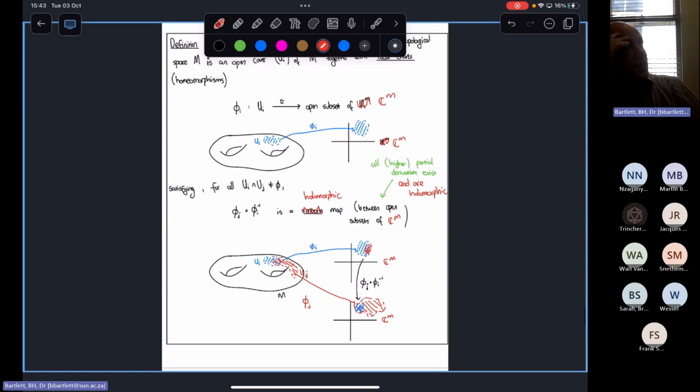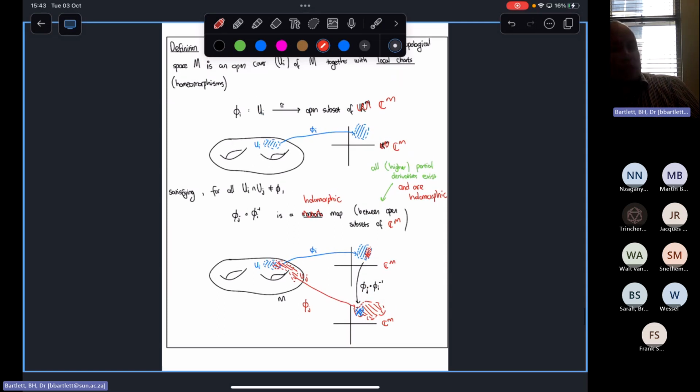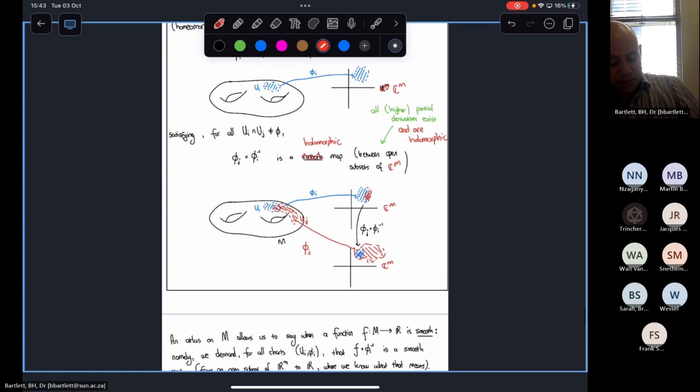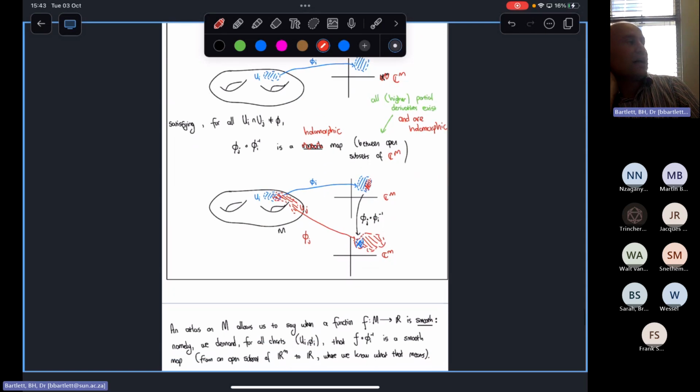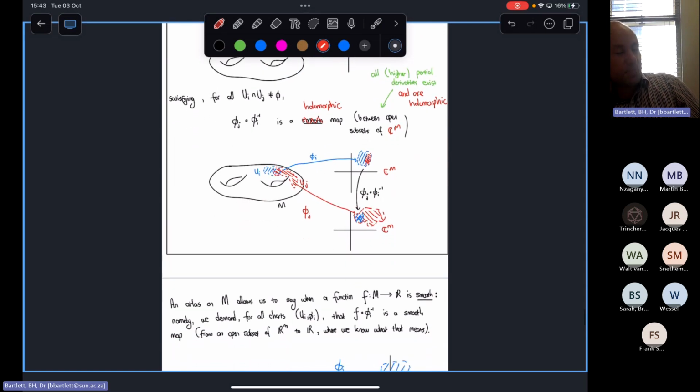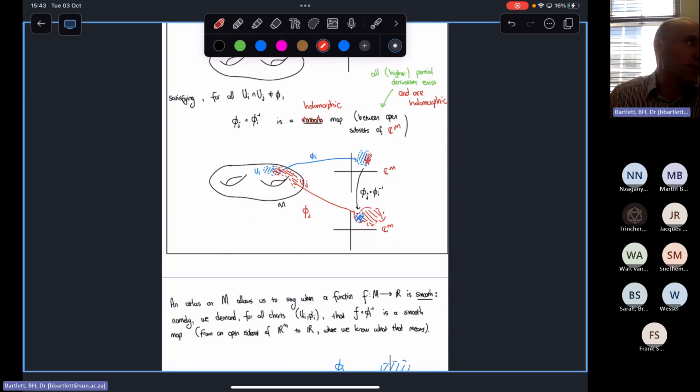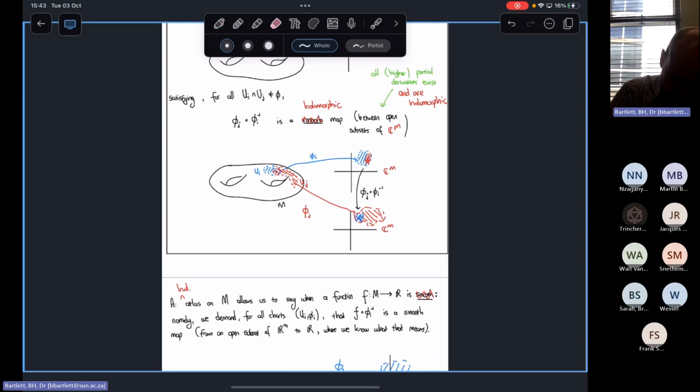So that's the definition of a holomorphic atlas on the space. And again, what does the atlas do? A holomorphic atlas on a space allows us to say when a function is holomorphic.